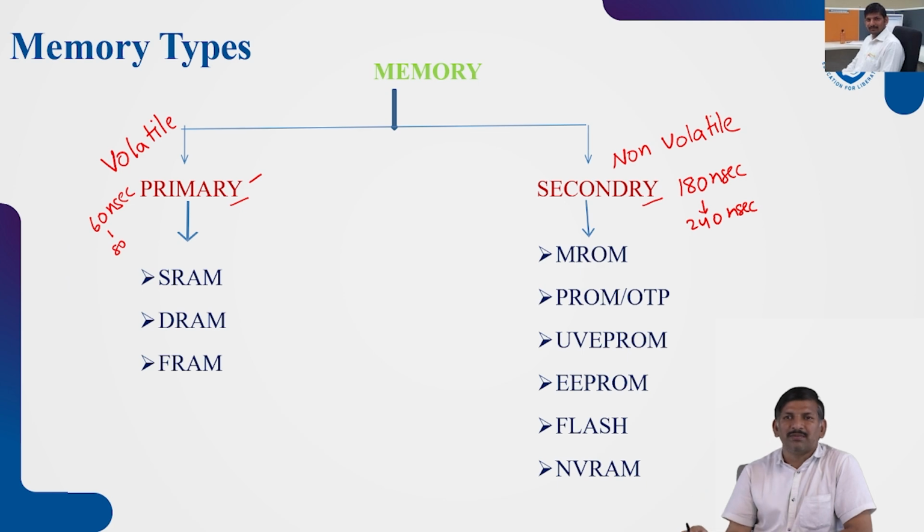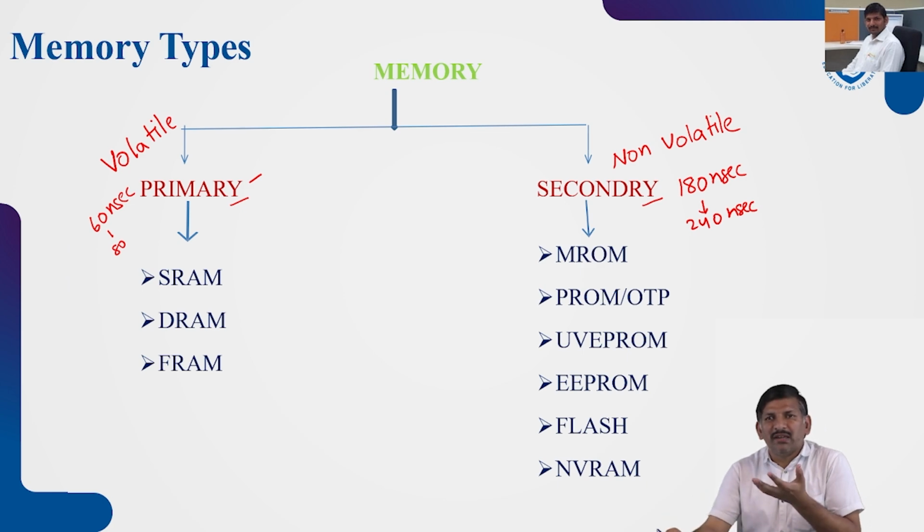One more parameter: if the memory is available within the chip, that is called on-chip memory, either primary or secondary, either volatile or non-volatile. That is limited to the particular processing element. Suppose you consider the 8051 microcontroller.